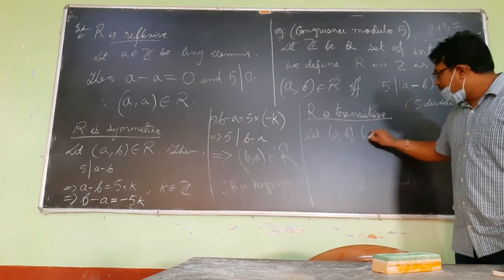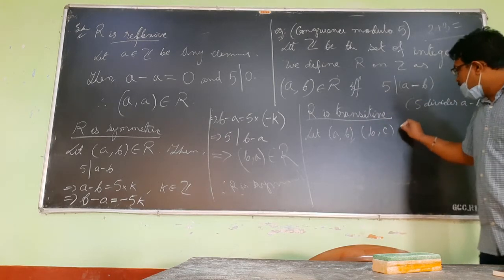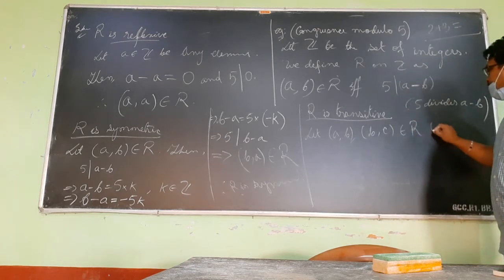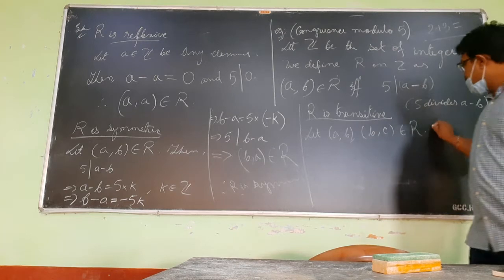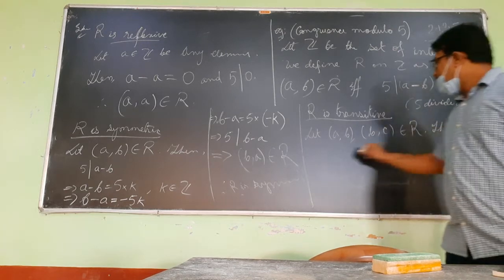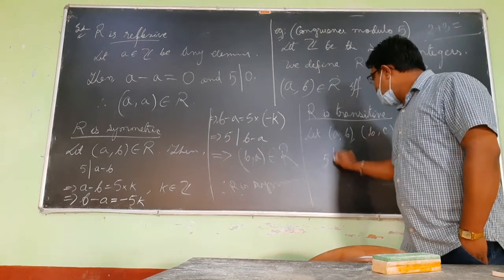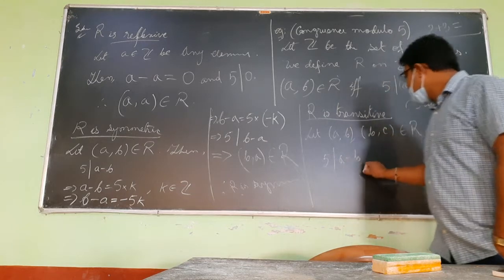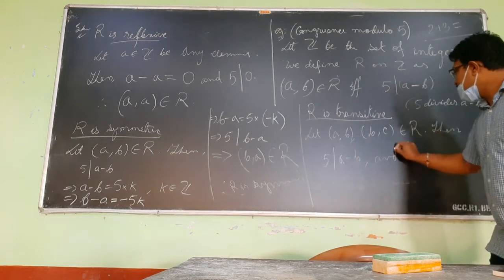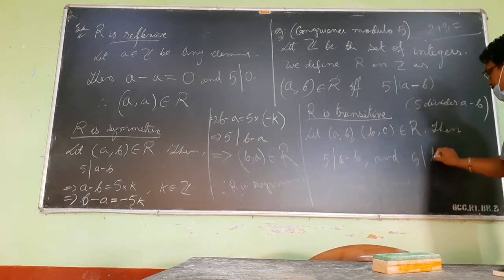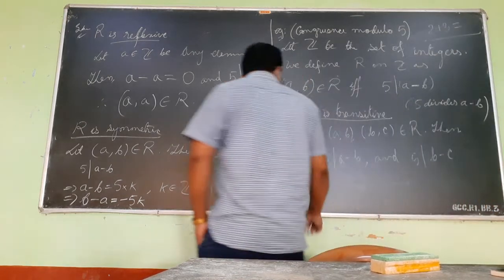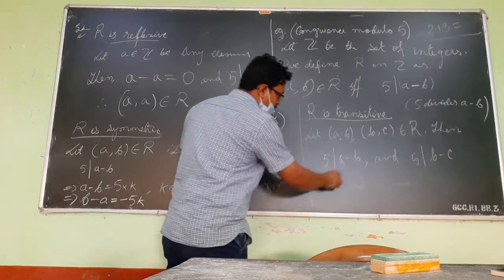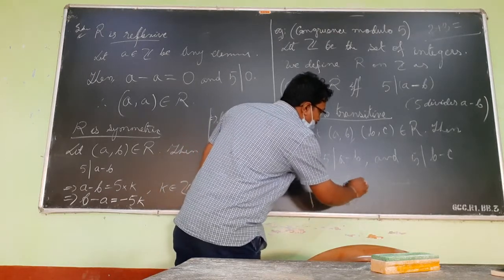So let (A, B) and (B, C) belong to R. Then 5 divides A minus B, and 5 also divides B minus C. I can apply properties of divisibility, but let me do it in two steps.